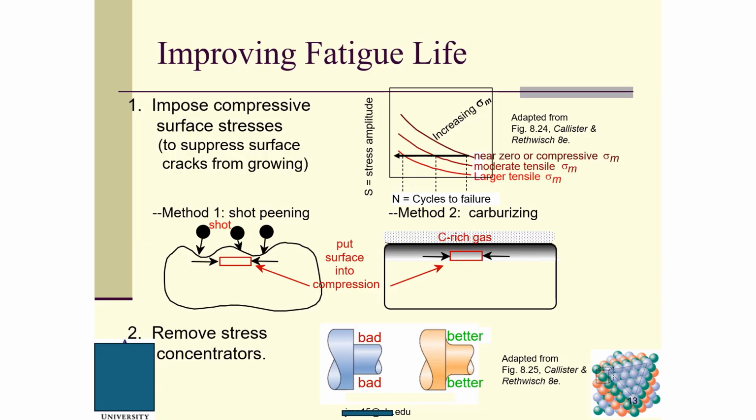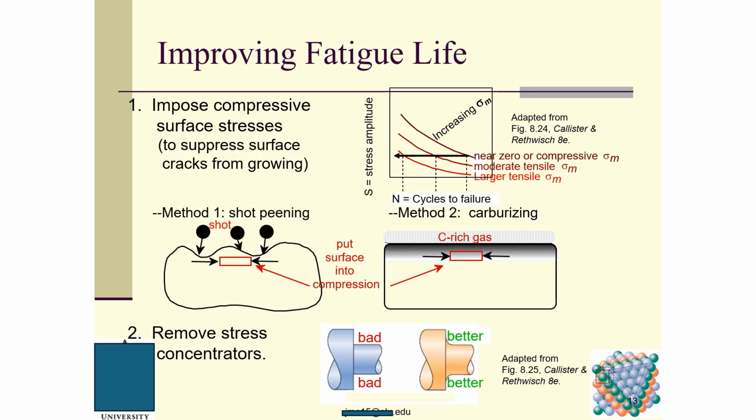Then we seal the chamber, close the door, elevate the temperature, and hold for a certain amount of time. During this process, the carbon atoms will diffuse into the surface of the specimen. Usually this kind of gas includes methane, CH4.